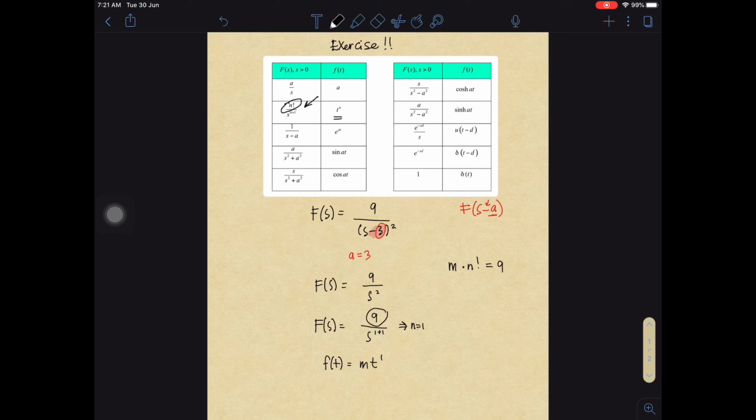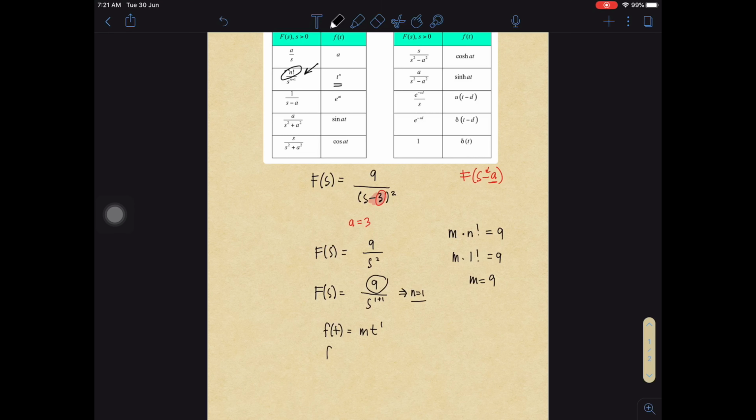You know that your n is equal to 1, therefore m times 1 factorial is equal to 9. 1 factorial is equal to 1, therefore m is equal to 9. So you have your f(t) equal to 9t to the power of 1, or 9t.